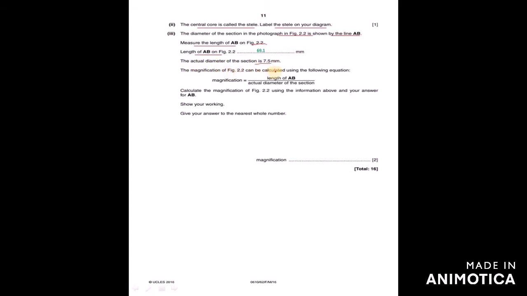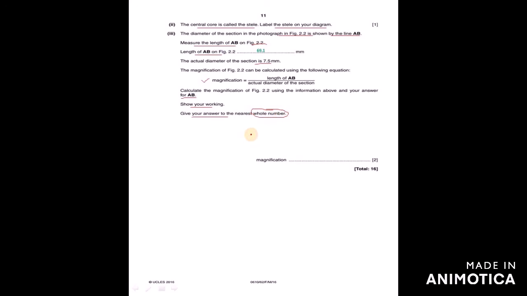The magnification of figure 2.2 can be calculated using the following equation. Magnification is equal to length of AB upon actual diameter of the section. Calculate the magnification of figure 2.2 using the information above and your answer for AB. Show your working and give your answer to the nearest whole number.